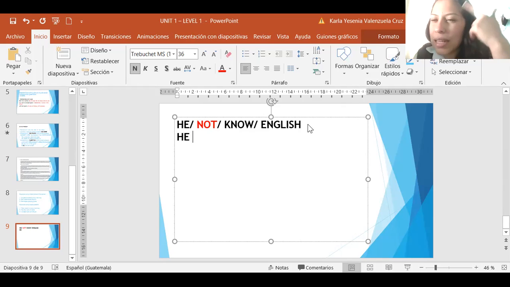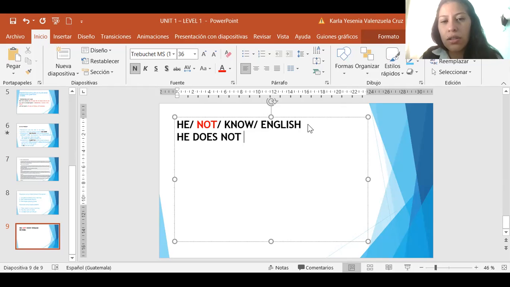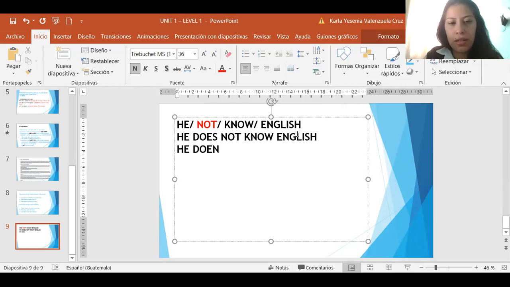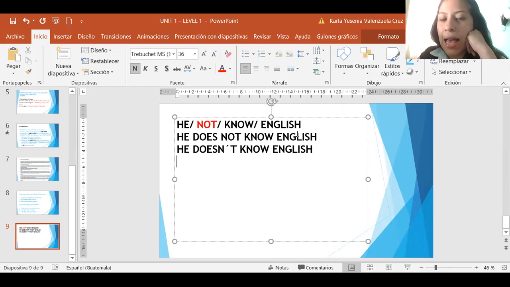Y el verbo auxiliar es does. Does not know English. ¿Y qué estoy diciendo aquí en mi oración? Que él no sabe inglés. He does not know English. También puedo colocarlo: he doesn't know English. ¿Sí? Simple.